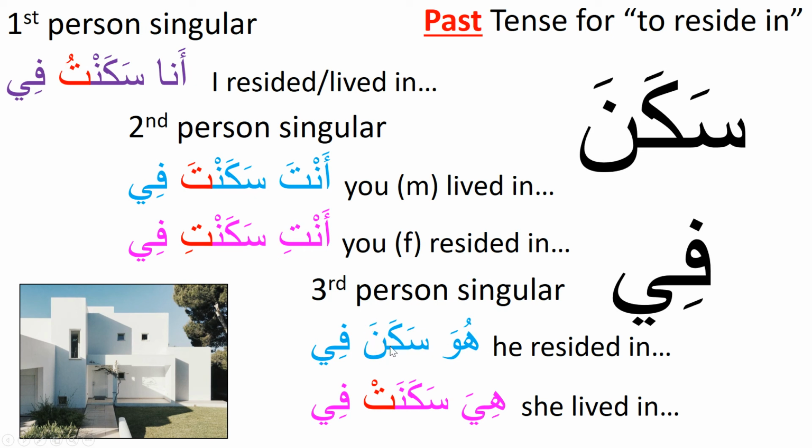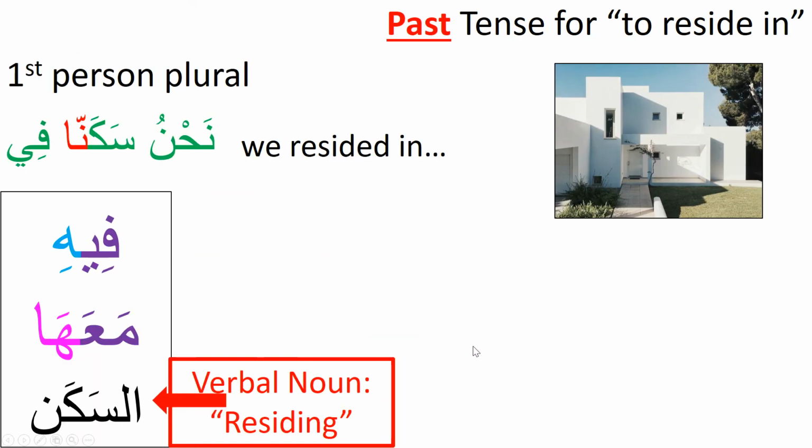It's not hua sakan. Hua sakana, he resided, he lived somewhere. Hia sakanat. What about we resided?